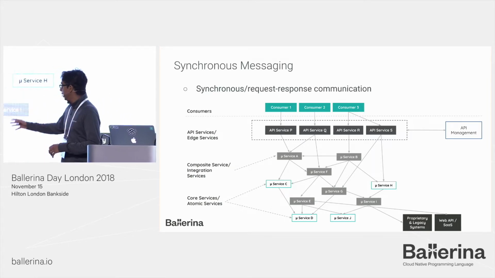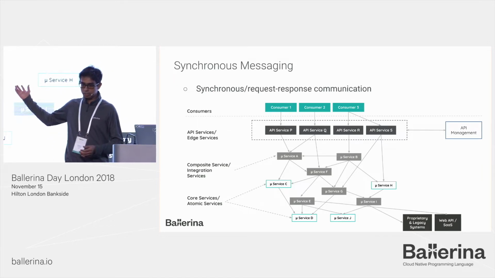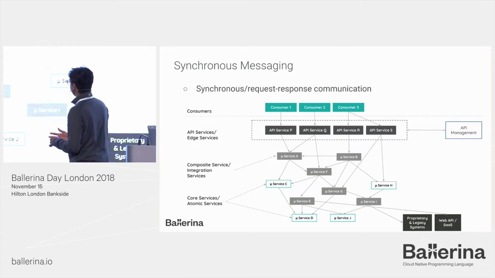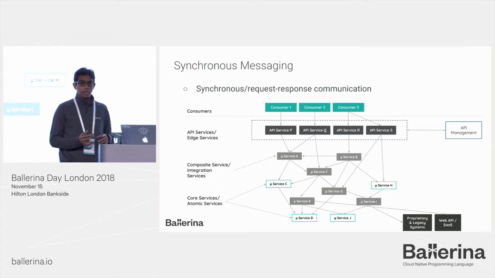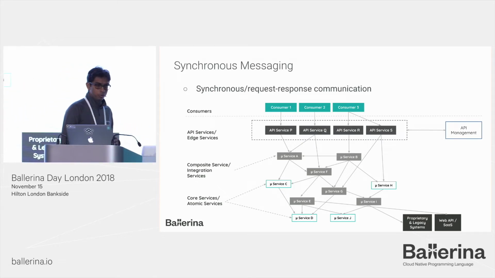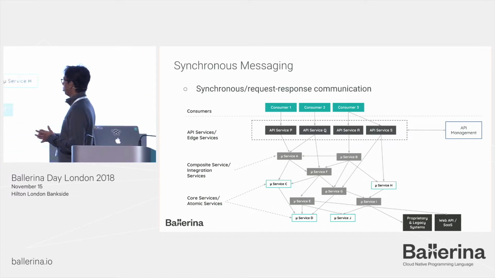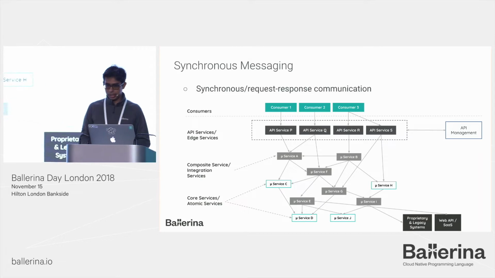Obviously, RESTful and HTTP is the de facto standard for building this kind of services. But we are seeing quite a few usages of gRPC, protocols such as GraphQL, and high-performance protocols such as RSocket when it comes to building this kind of patterns.